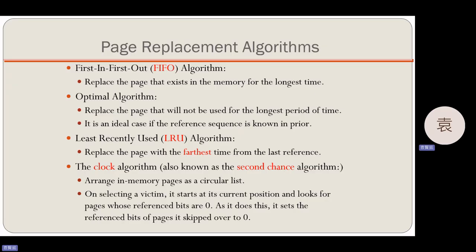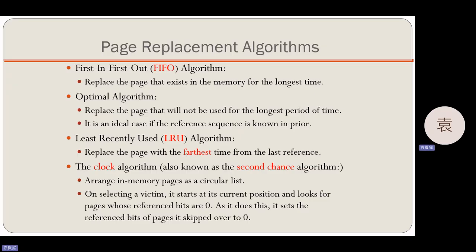The optimal algorithm means that if we know in advance the memory references in the future, then we always replace the page that will not be used for the longest period of time, starting from the current time. So we replace the page which is needed far away in the future.